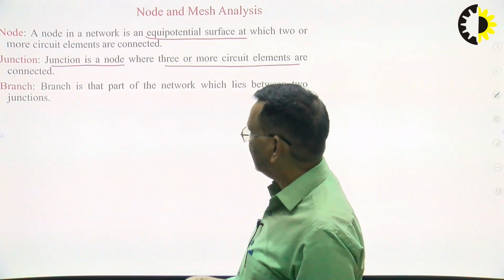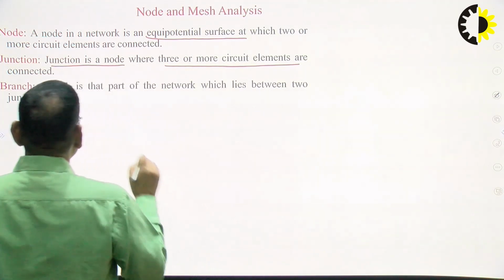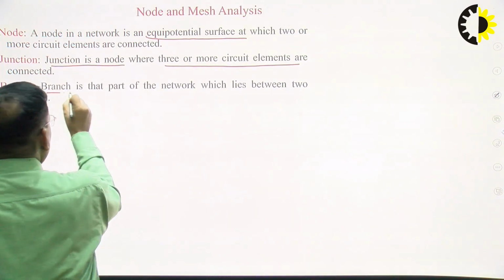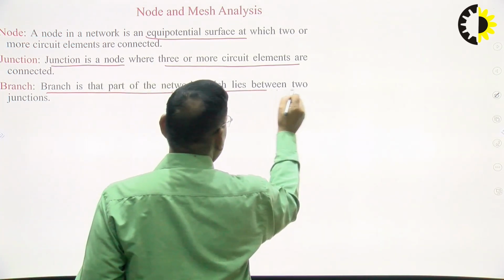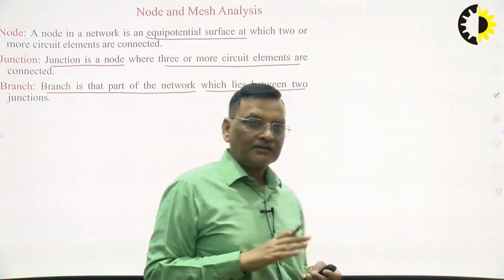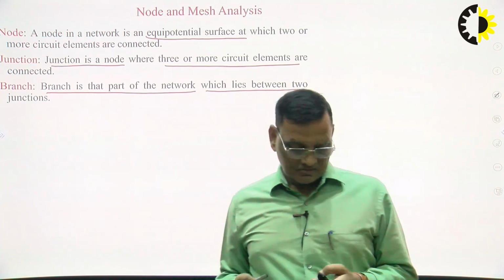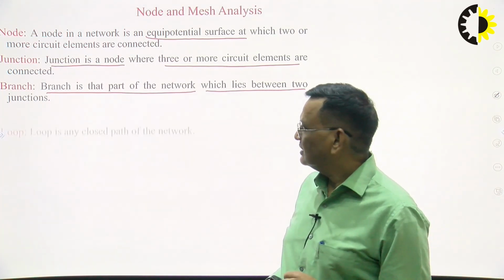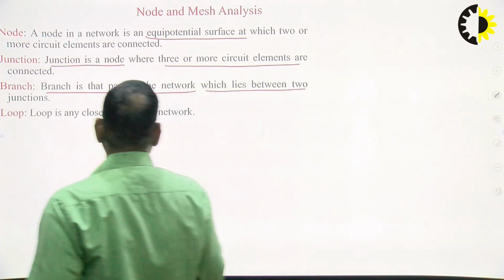Then the third term is branch. What do you mean by a branch in an electric network? A branch is that part of the network which lies between two junctions. So, the path between two junctions is called a branch. Then, what is a loop? A loop is any closed path of the network.